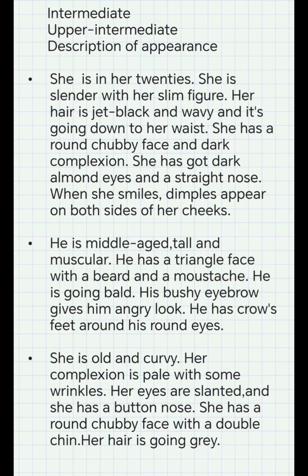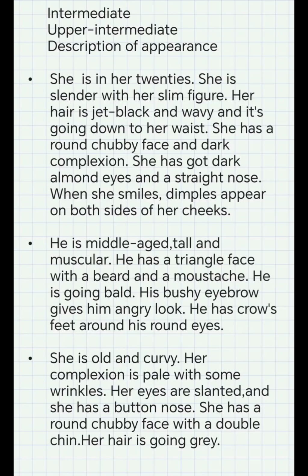And the last one, she's old and curvy. Her complexion is pale with some wrinkles. Her eyes are slanted. Slanted is the shape of eyes that shows they're leaning in one direction. And she has a button nose. Button here shows her nose is so small, tiny.